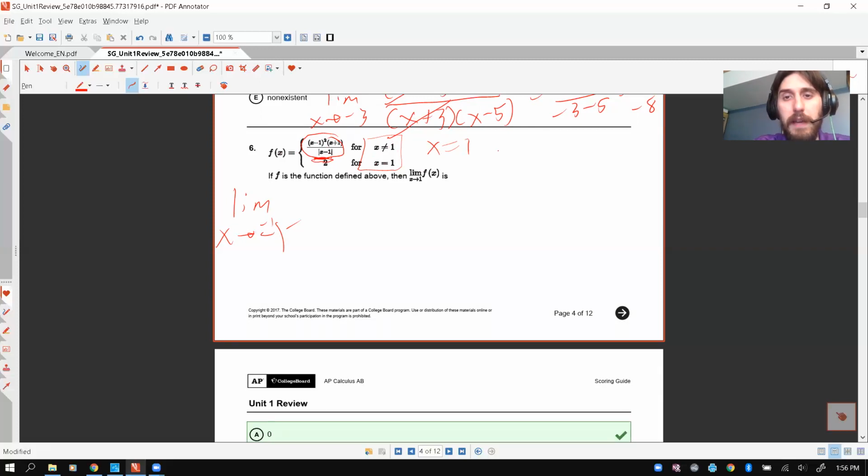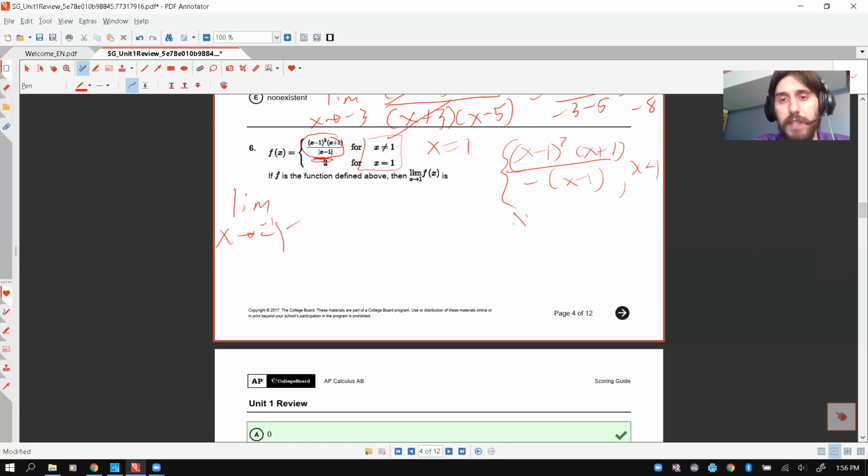So we can say that this function is the same thing as (x minus 1) squared times x plus 1 over negative (x minus 1) when x is less than 1.